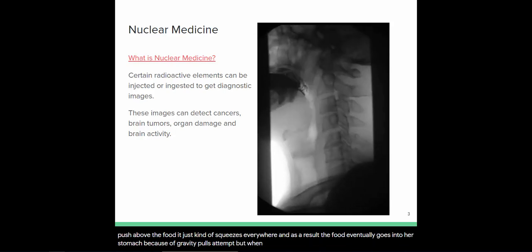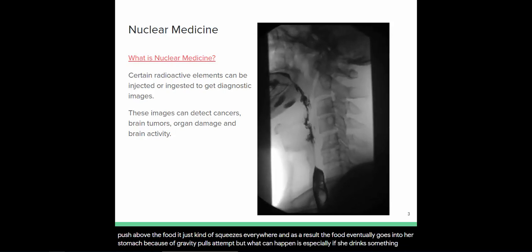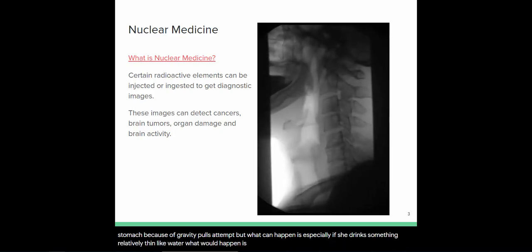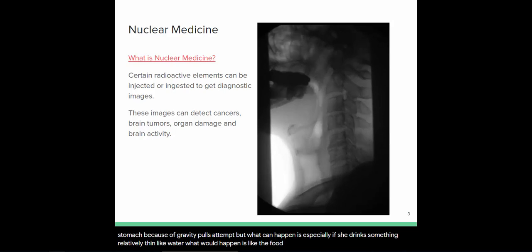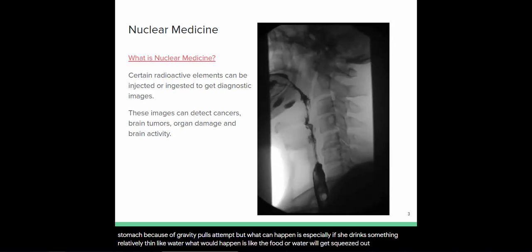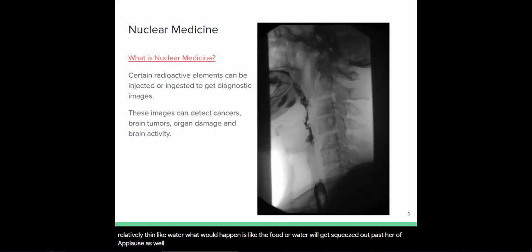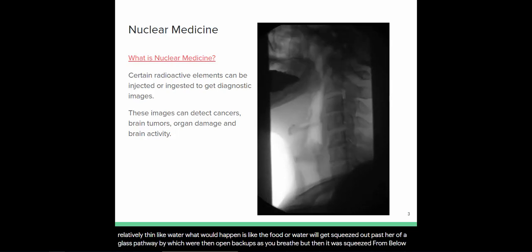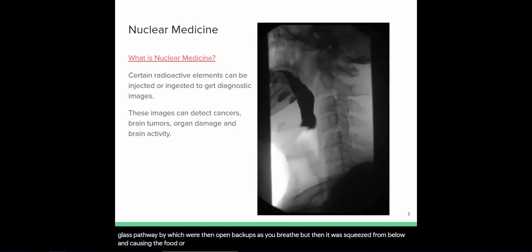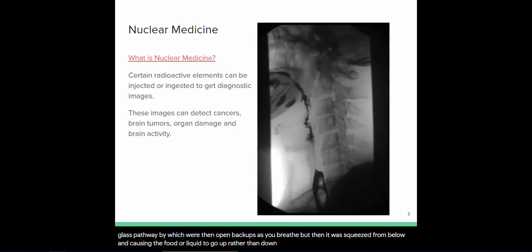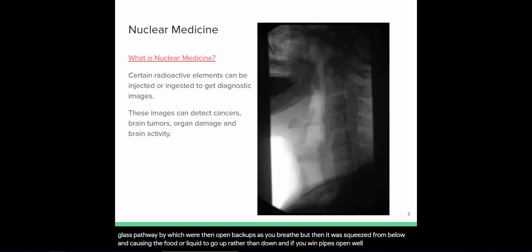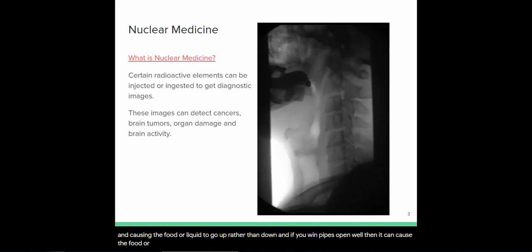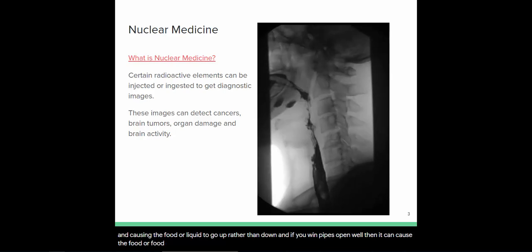But what can happen is, especially if she drinks something relatively thin like water, the food or water would get squeezed down past her epiglottis, past her windpipe, which would then open back up so she could breathe, but then it would squeeze from below, causing the food or liquid to go up rather than down. And if your windpipe's open, well, then it can cause the food or liquid to go into your lungs. Is that where you want food?